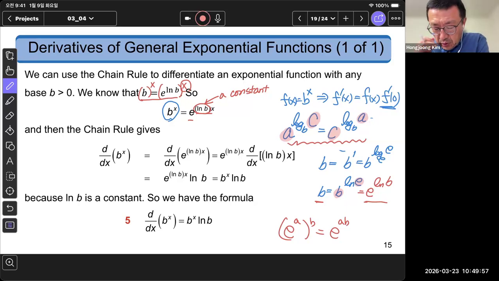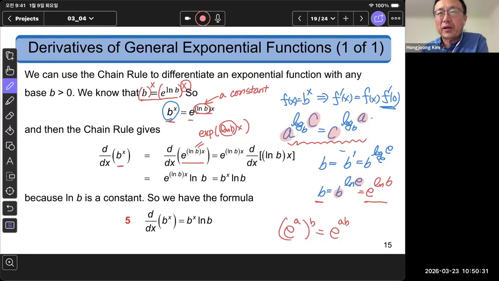Okay. So differentiation of b to the x is eventually the same as the differentiation of this exponential function. Now, I want to look at this expression inside the parenthesis as the composite of two functions. That is the exponential function of ln b, some number, multiple of x. So what is the outer function? The exponential function. What is the inner function?